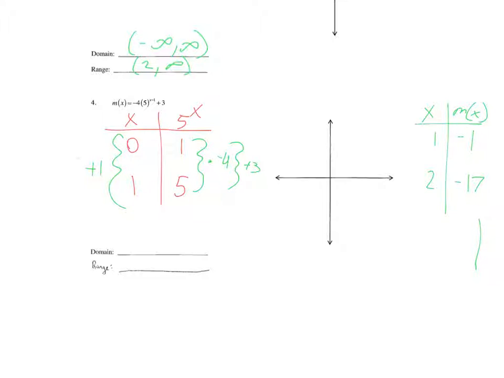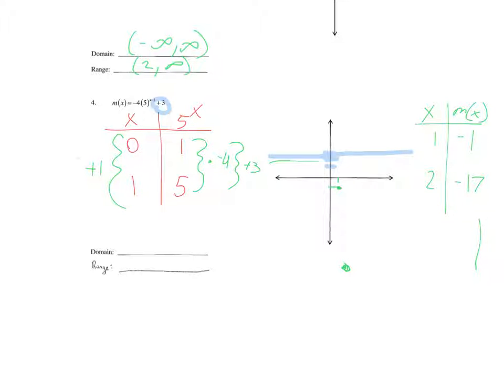So when we think about this, one thing to keep in mind is that this asymptote is going to be at plus 3. And now the points are going to be -1, 1. 1, -1 isn't horrible. But then 2, -17 is very far down here.